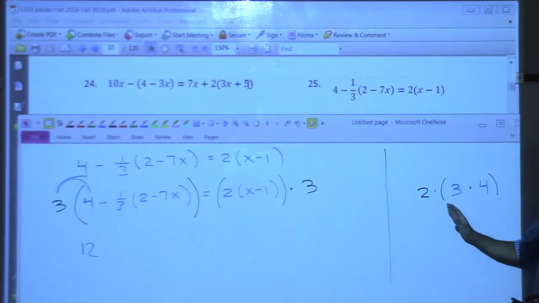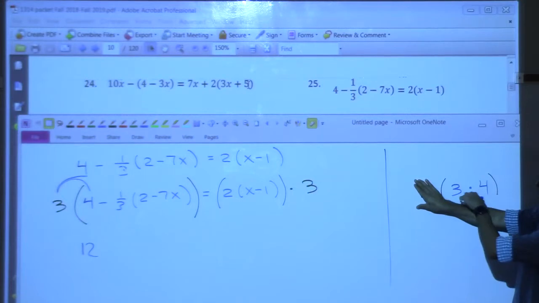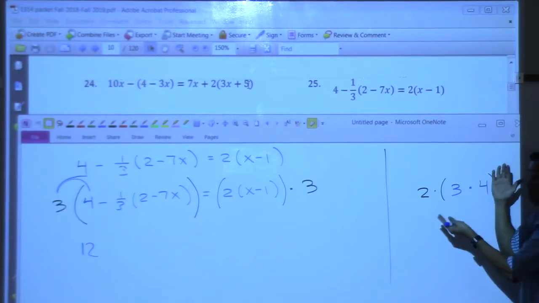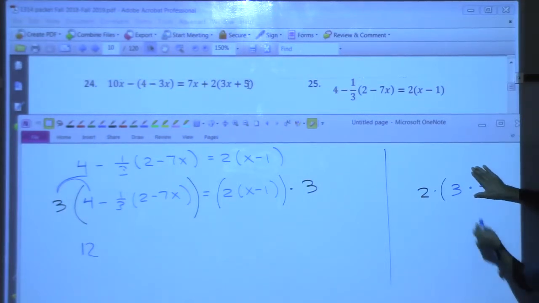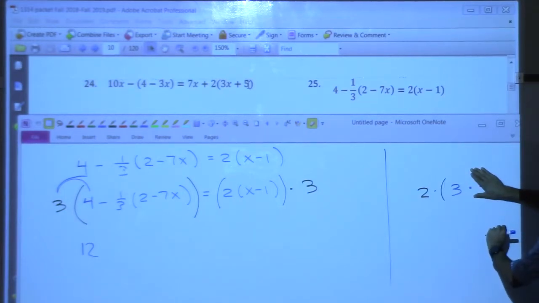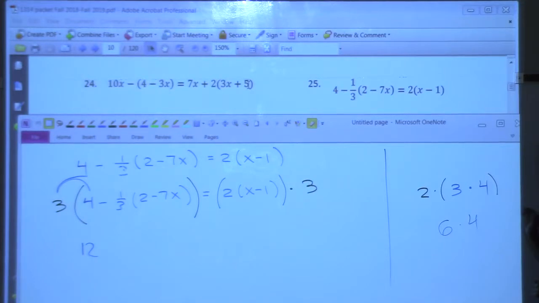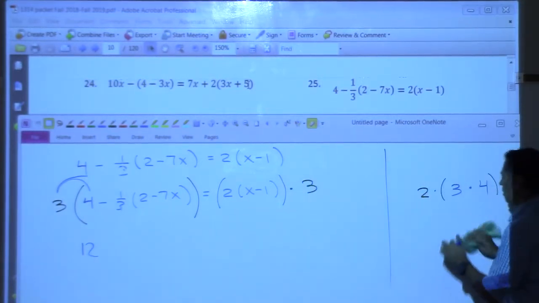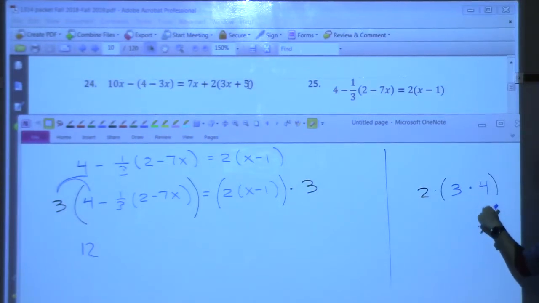So the way you're doing that is you're saying, this is 12, and then you're hitting that with the 2 and it becomes 24. Another way you could do that is to do this to this. What's this to this? 6, and then that answer times 4, that's 24, right? What would not work is if you distributed the 2 to both.